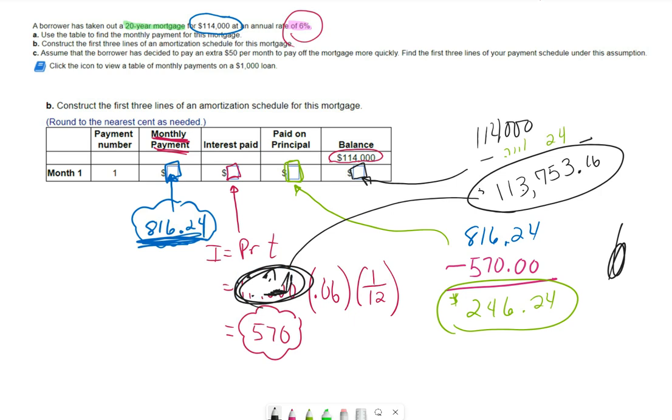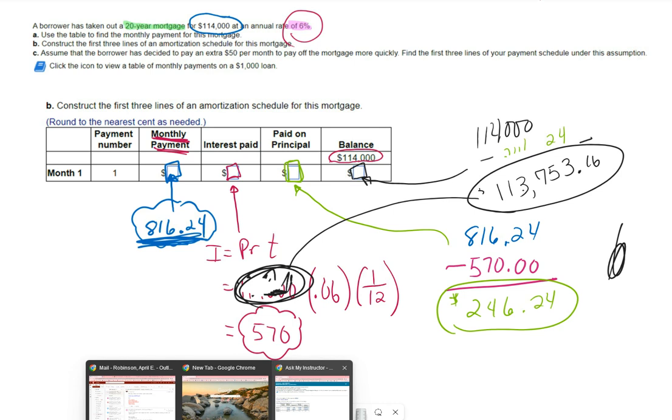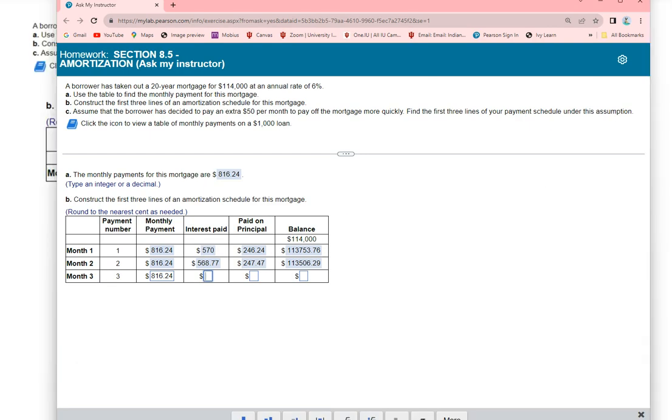It'll be the previous line's balance. So, and I am almost running out of time here. It's this 113,506 times 0.06 times 1/12. And round that to the nearest penny. It's 567.53. That number should keep going down.